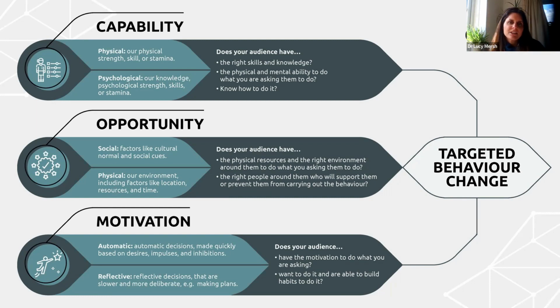The next factor is opportunity, and this is broken down into physical opportunity and social opportunity. The physical opportunity is: is people's environment geared up for them to change that behaviour? But as an extension of that, opportunity also includes people's resources like money and time.